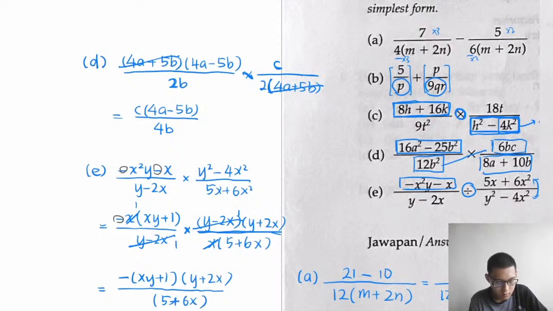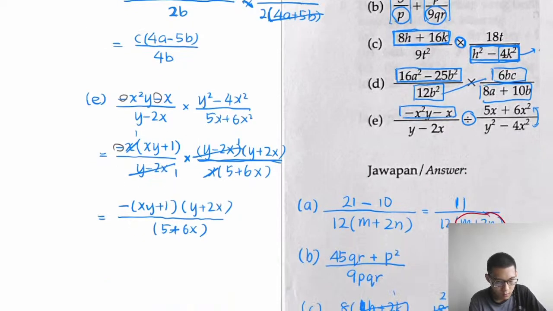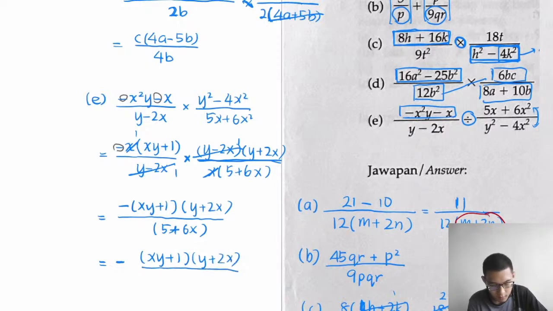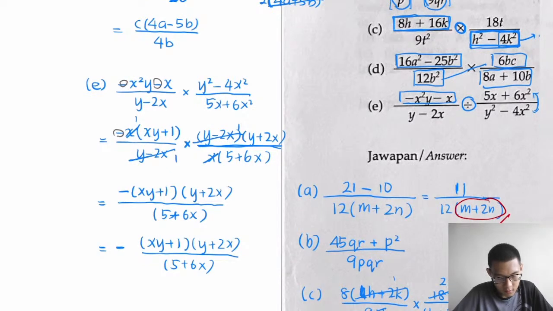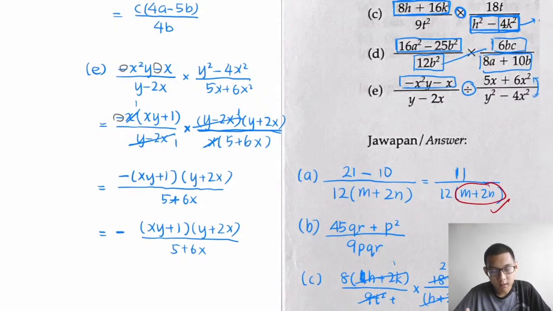So the answer should be this, or if you want to let this negative sign become identical, not individually, so we can write x, y plus 1, y plus 2x, over 5 plus 6x. Done. Actually the denominator doesn't need the bracket, never mind. So the answer is better like this.